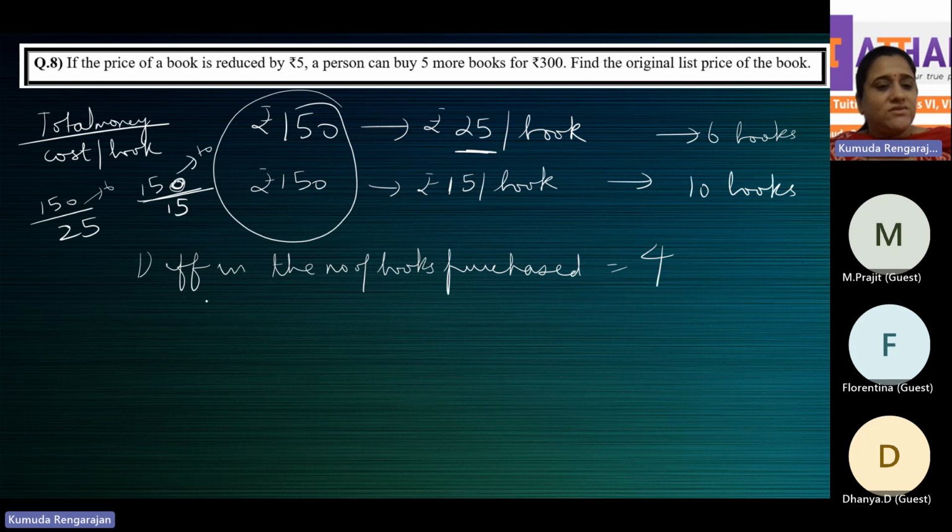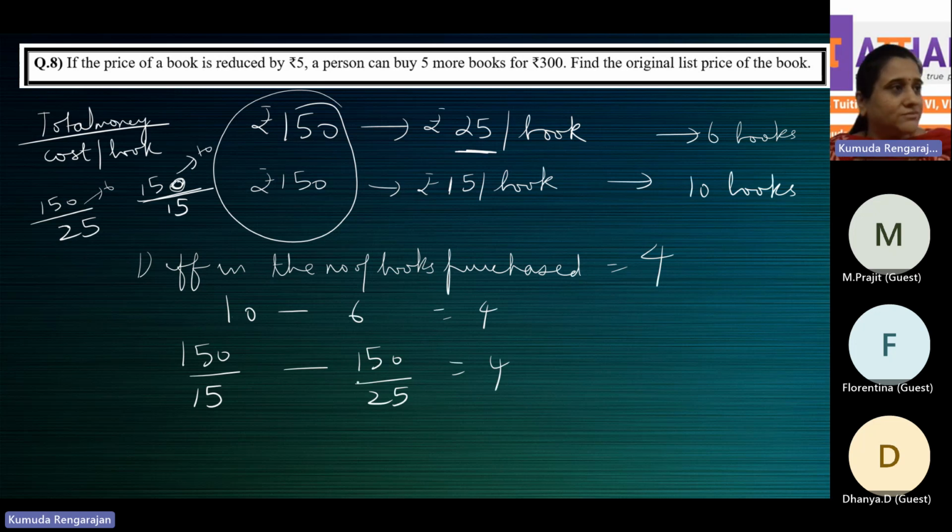So it's actually 10 books minus 6 books is equal to 4 books, correct? Where do you get 10 books? In 150 by 15. Minus, where do you get 6 books? In 150 by 25. Is equal to 4. Like this, we have to construct the equation.